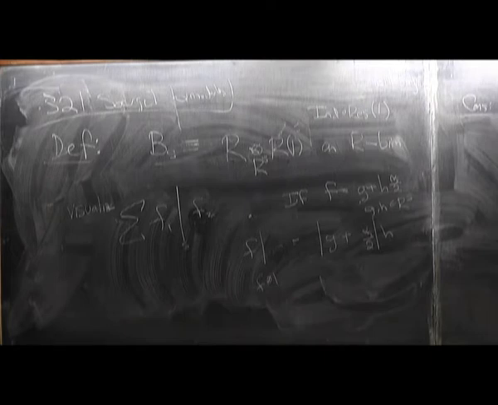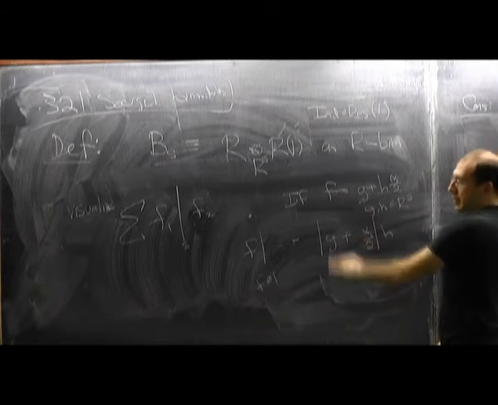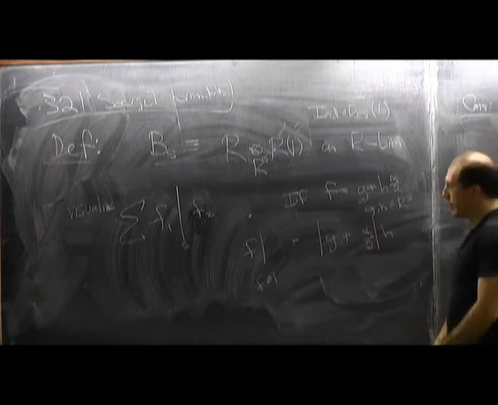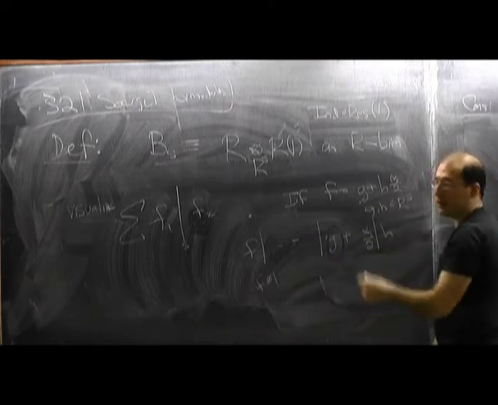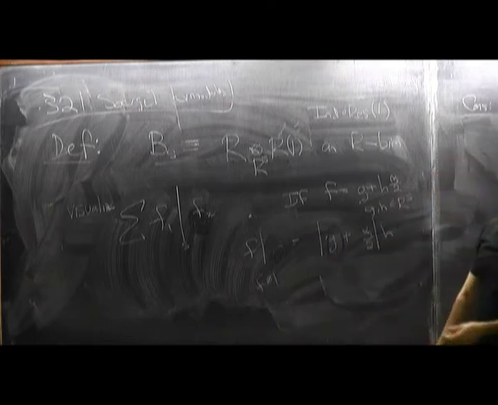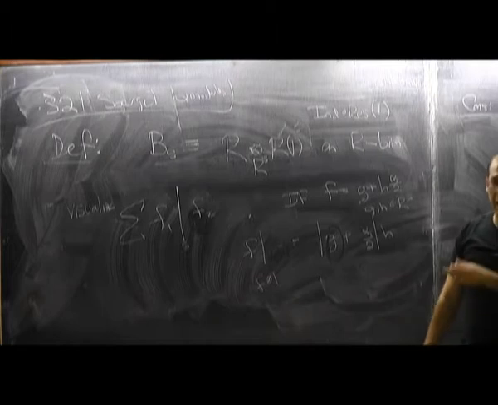Because of this, any element of this bimodule can be written with a polynomial on the right and 1 on the left, or a polynomial on the right and alpha S over 2 on the left. Meaning that this thing is free.